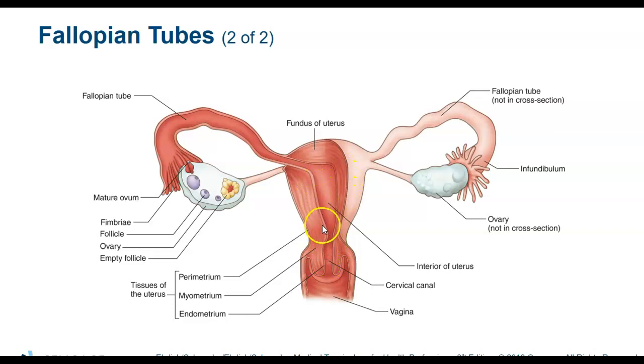That's what's going to slough off and cause a period or menstruation if we don't have a fertilized egg. Okay, so again, here's the fundus, here is the interior piece, and here is the cervix down here.